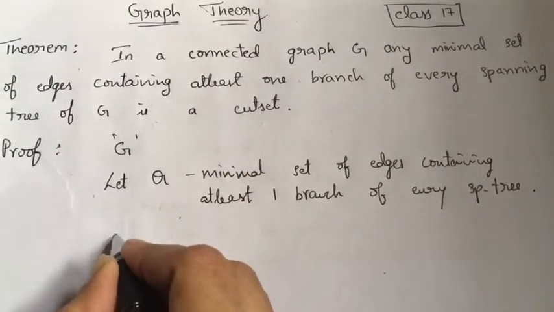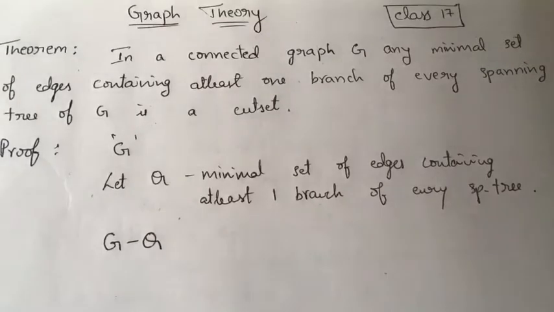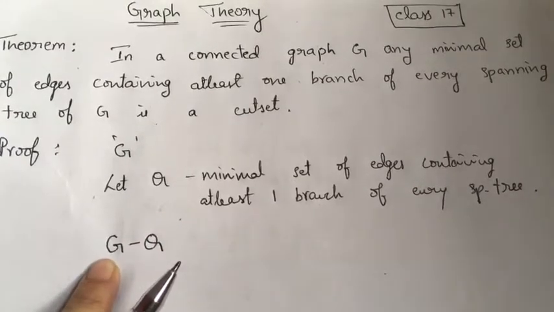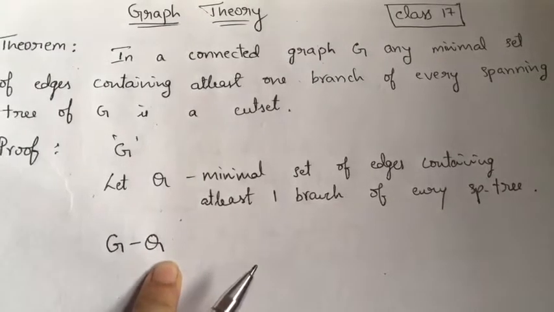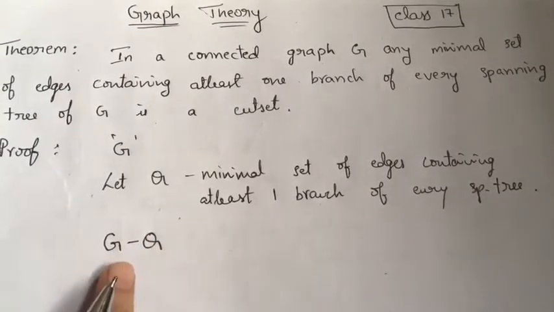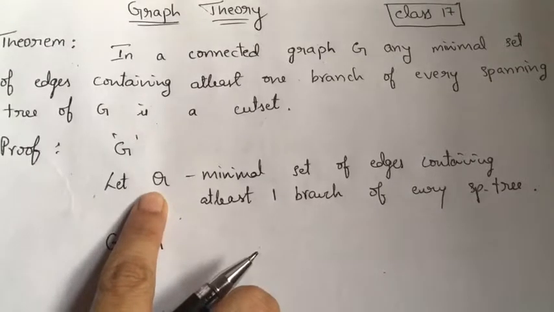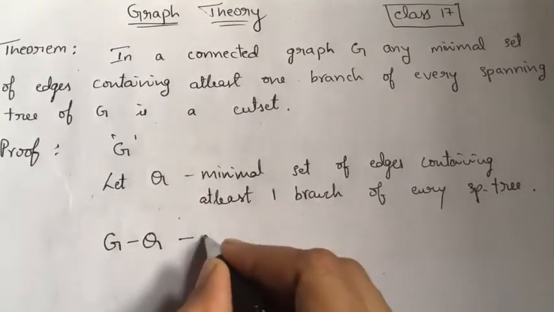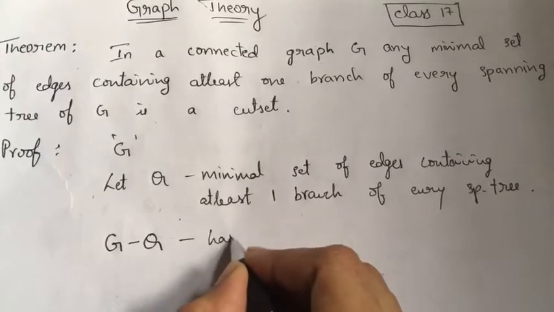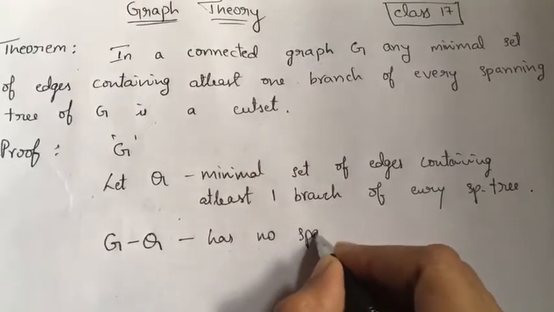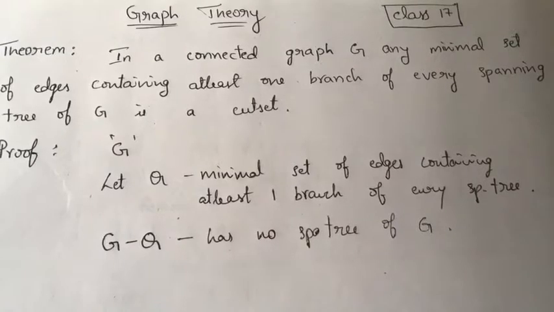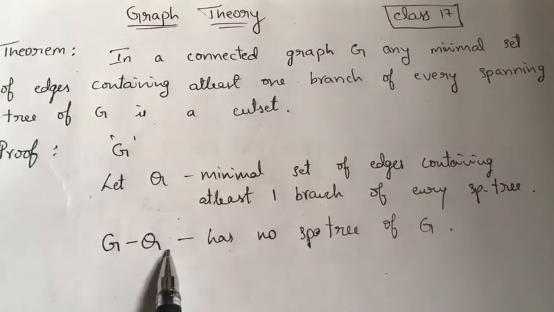Now, I'm considering the graph G minus Q. It's a subgraph that is obtained by removing the edges of Q from G. So, now this subgraph G minus Q contains no spanning trees, of course, because I have removed the edges of Q. Now it implies that G minus Q is disconnected.